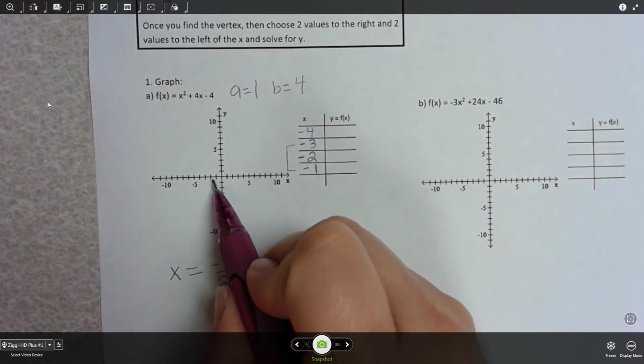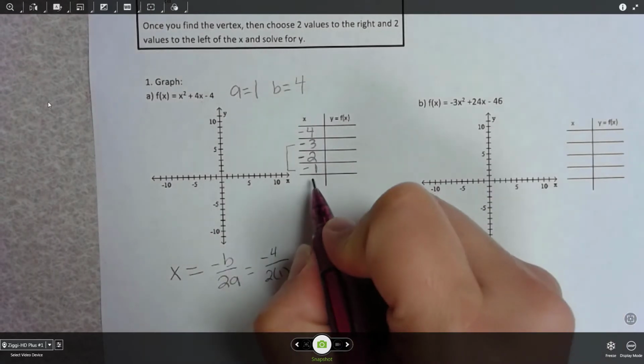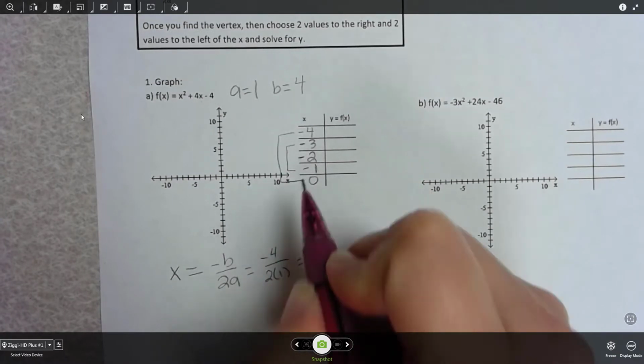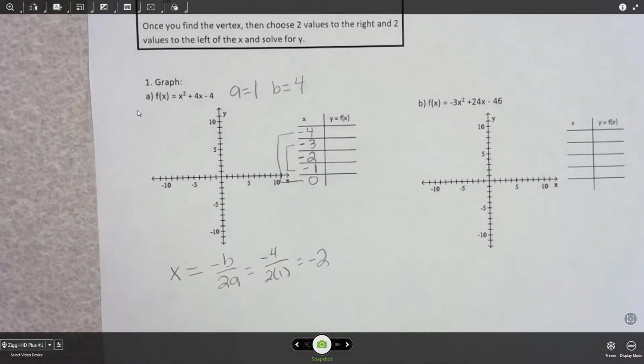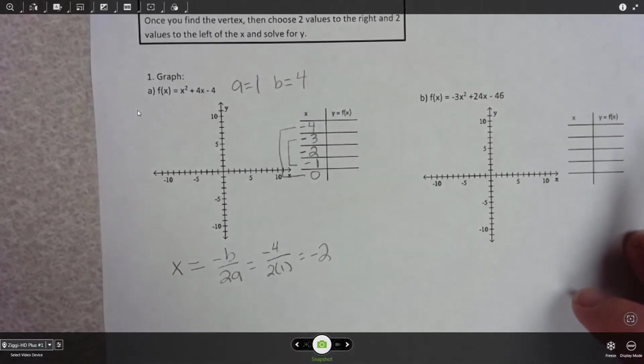And then if I'm at negative 2 and I go a distance of 2 to the right, 1, 2, that puts me at 0. So negative 4 and 0 should have the same y value when I plug them in. So I really only need to plug in one of them. Essentially you're only plugging in three numbers to get your 5 points.